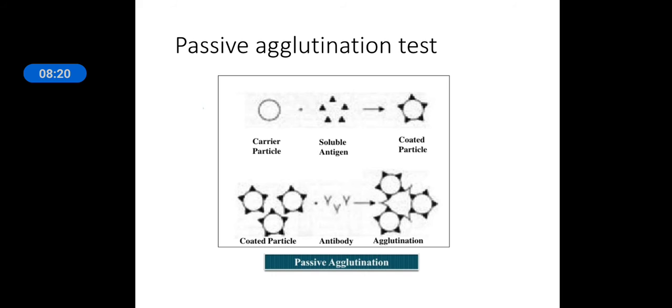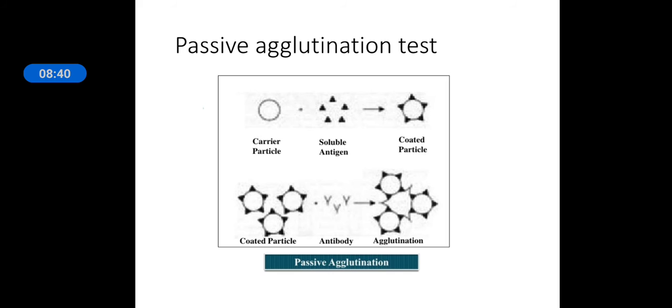The carrier particles used can be RBC or latex particles or bentonite. Sometimes RBC is coated with tannic acid, that is called tanned RBC. They are also used. The patient serum will be mixed with these, and it will lead to agglutination.